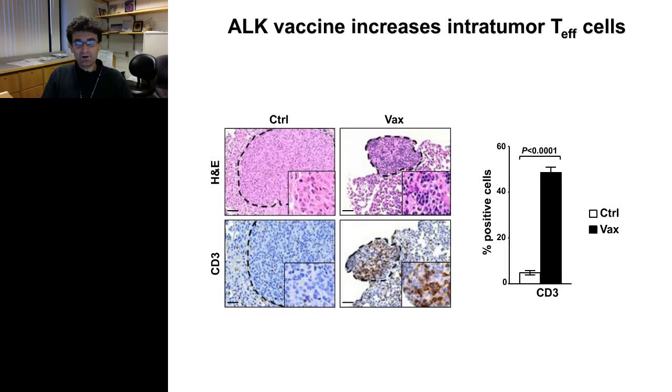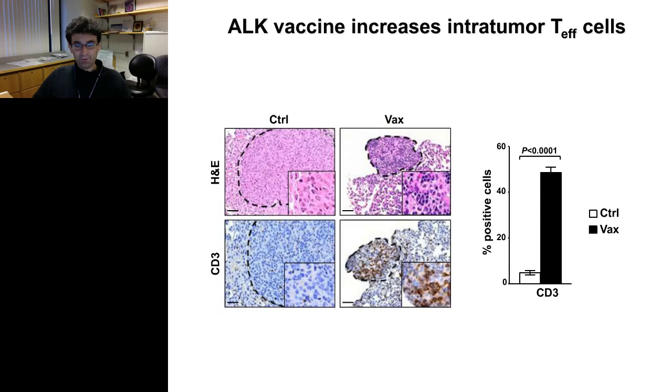And when we observed the tumor by histology and immunohistochemistry, we could clearly detect an increase of effector T cells inside the tumor. So here you see control vaccinated mice in which the tumors in the lung are quite big and large.